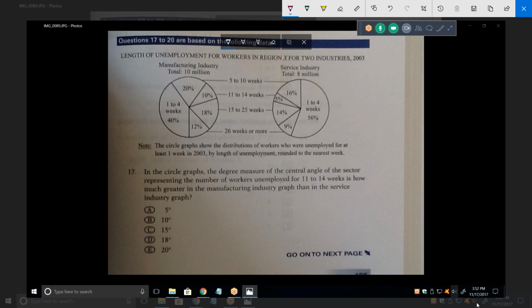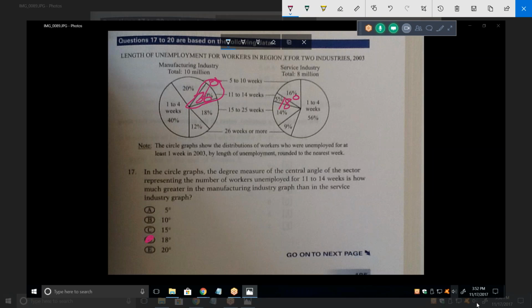What's the degree measure of 10%? In other words, how much is the degree measure all the way around the circle? Oh, so 10% of 360 degrees? Yeah, that's 36 degrees. Oh, okay. 5% of 360 degrees, half that. That's 18 degrees. So that would be 18, right?